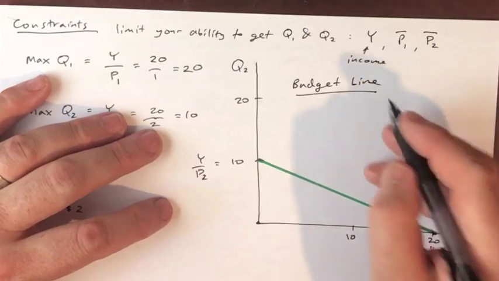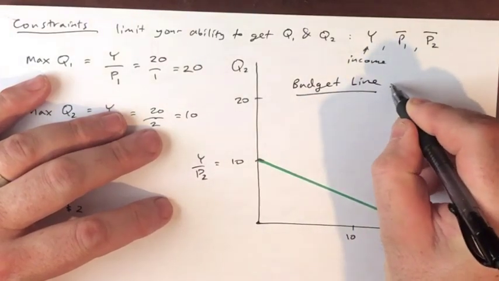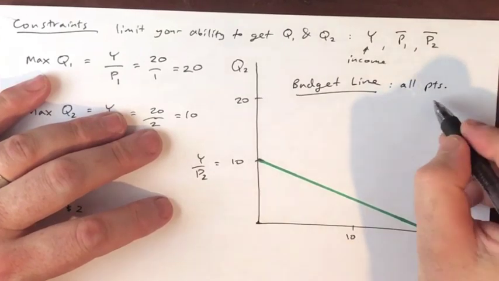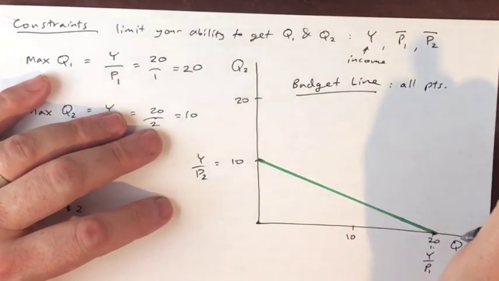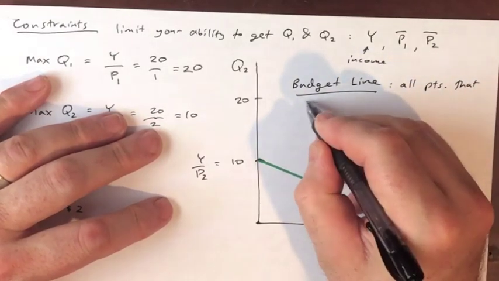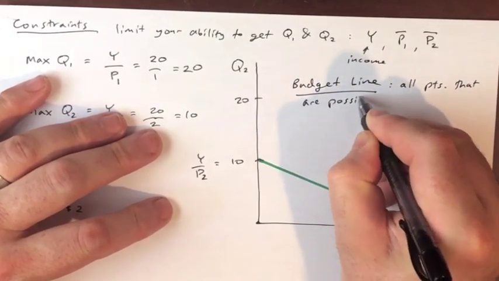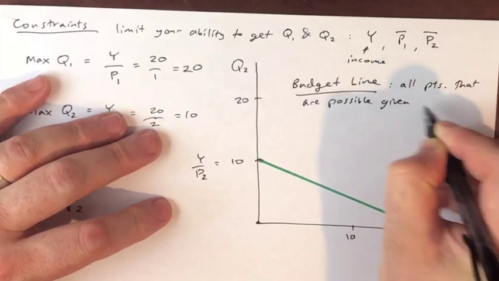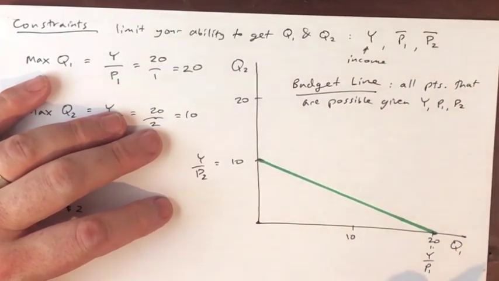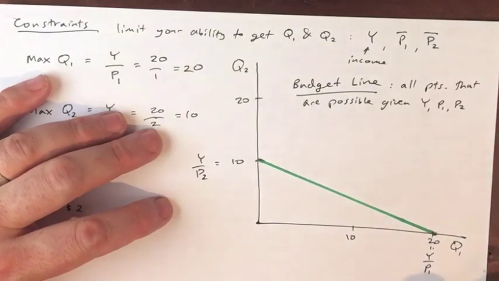All right. So the budget line tells us all the points, meaning the combinations of good 1 and good 2 that are possible, that can be attained given our givens, right? Y, P1, and P2, given our constraints. Okay, all of the points that are possible.